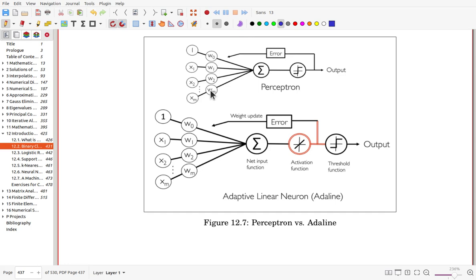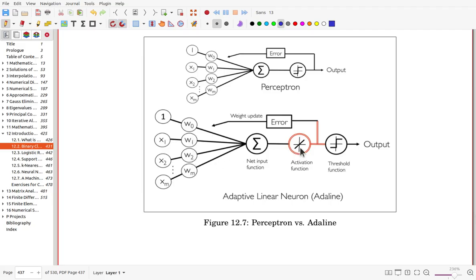That's the perceptron algorithm. And in Adaline, the net input is passing through this identity function, which means that the net input is used without change, and that is compared with the label, and the difference is used to update weights.